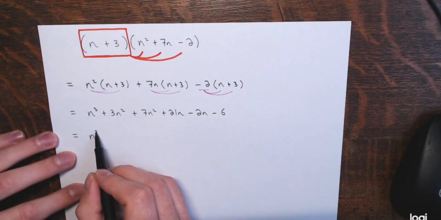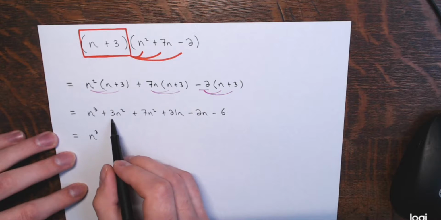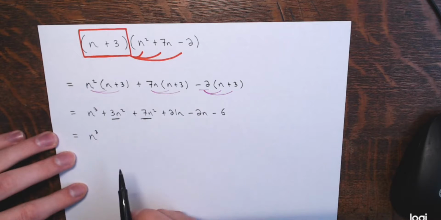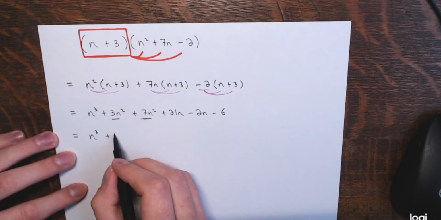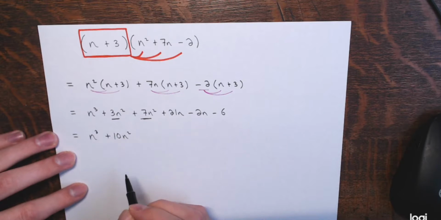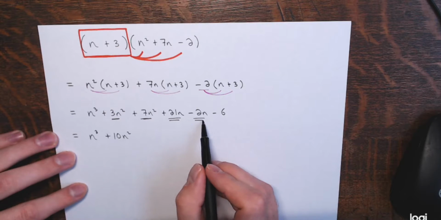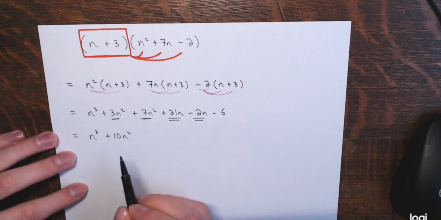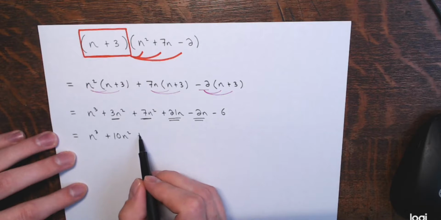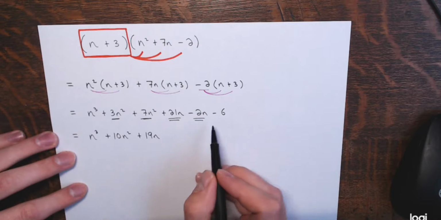We have n cubed. There's positive 3n squared and positive 7n squared. Those would go together to make positive 10n squared. And then we have positive 21n and negative 2n. Those are like, making a total of positive 19n. And then you have the constant term minus 6.